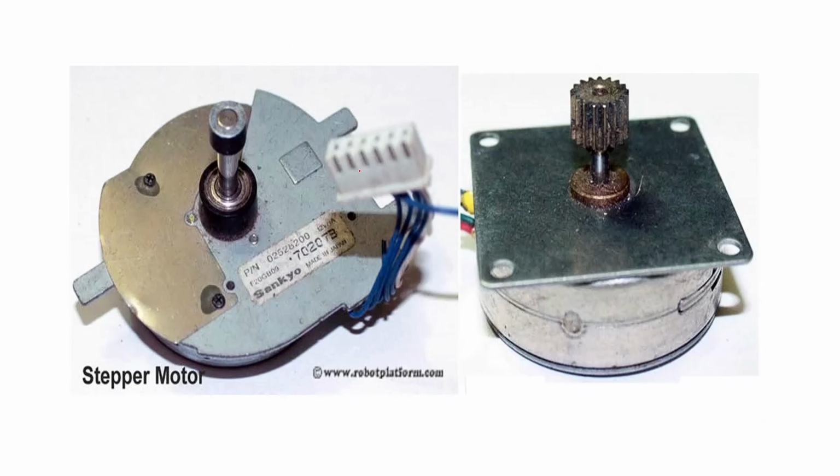Here you can see the image of a stepper motor, with the electrical connection giving input from the controller, and here you can see the rotating part which will rotate in steps. Even here this is the rotating part which will rotate in steps.